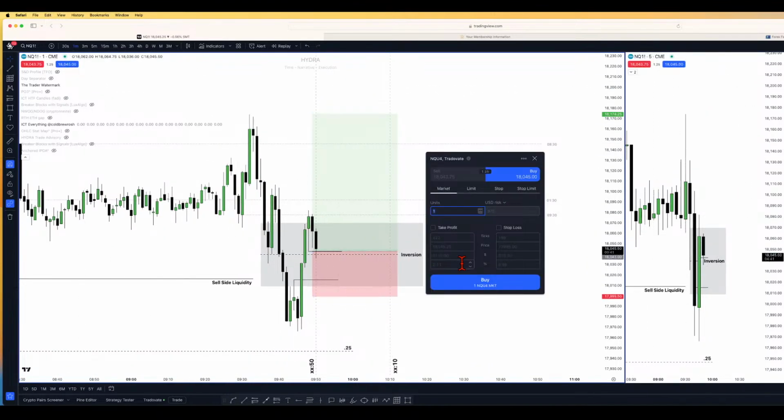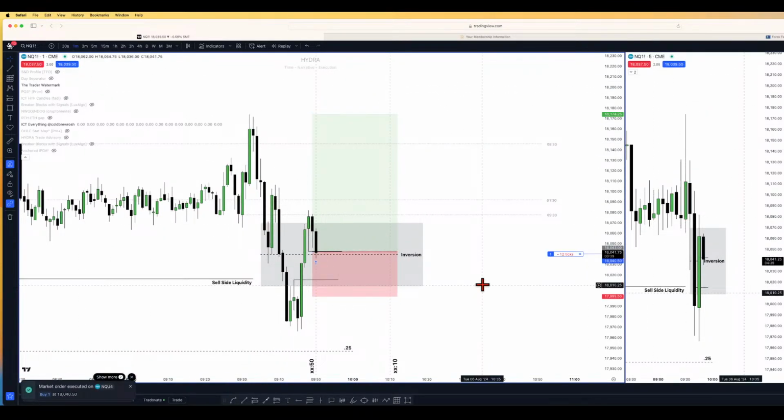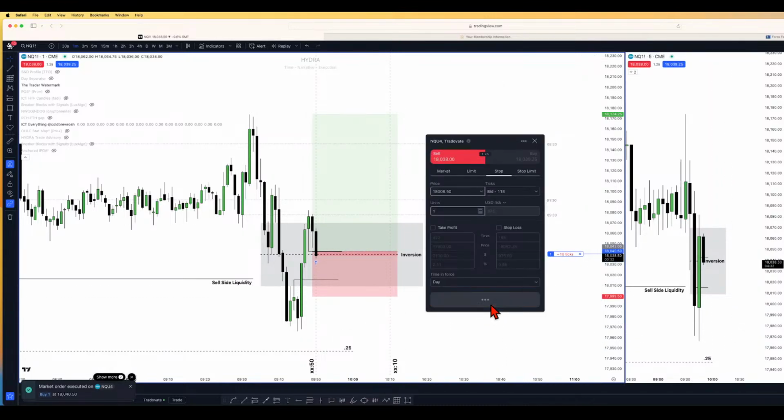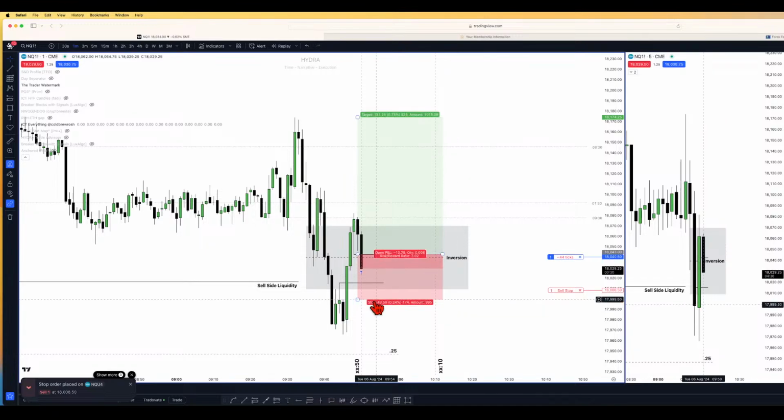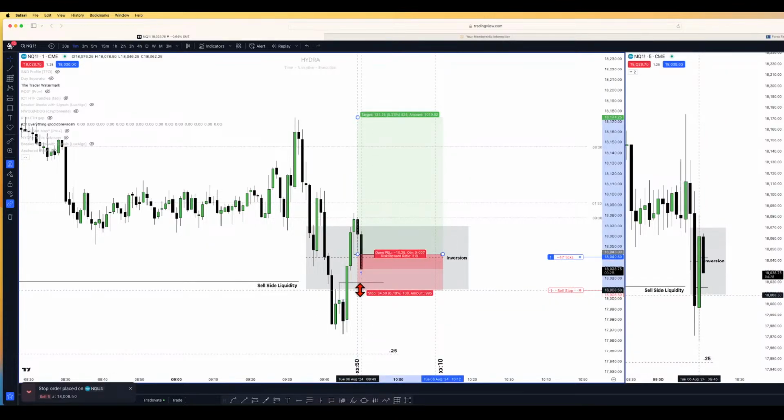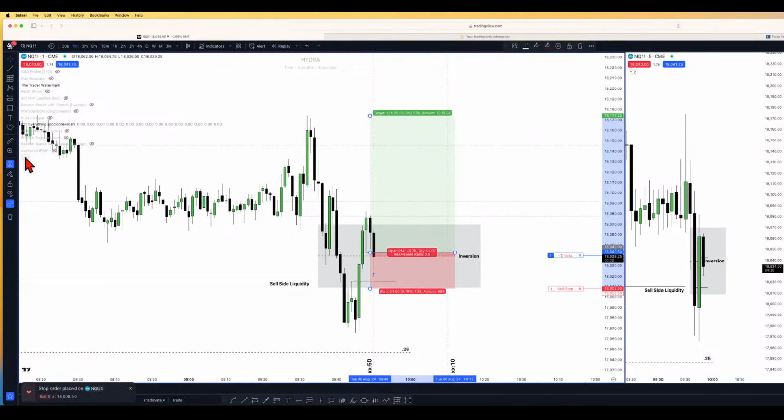Okay, we tapped into the gap. Gonna do 1 contract here. Stop gonna be very small, like this. Let's see if it works or not.